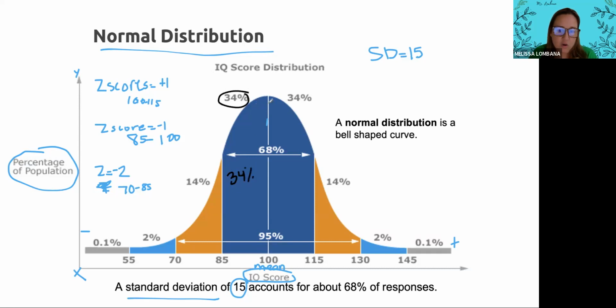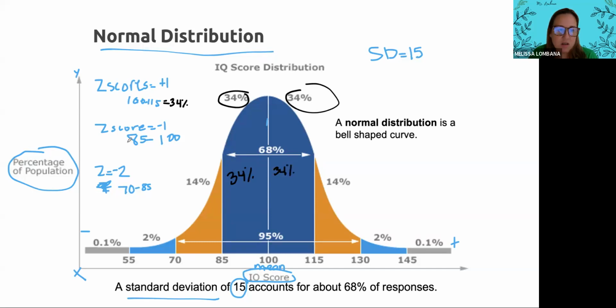This little section here is 34%. That means 34% of the population received a score of 85 to 100. Like here, I could tell you that 34% are going to get this score because, again, from 100 to 115 is 34%.